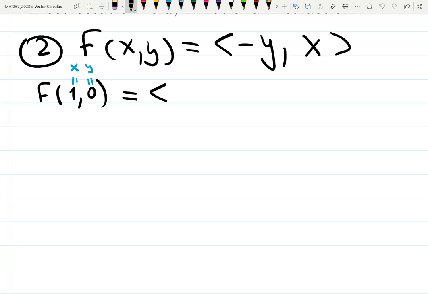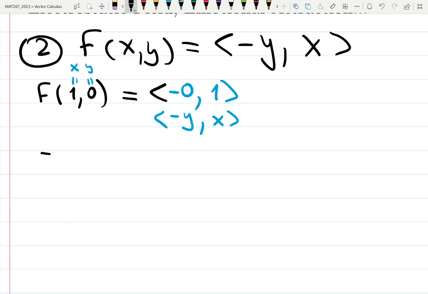The vector is minus y, comma x, right? 0 goes to the x minus 0, and x goes to the y, 1. Isn't that cool? So actually it is a vector 0, 1, and we know how to draw a vector 0, 1. No change to the x-axis and up. So it's perpendicular to the x-axis.